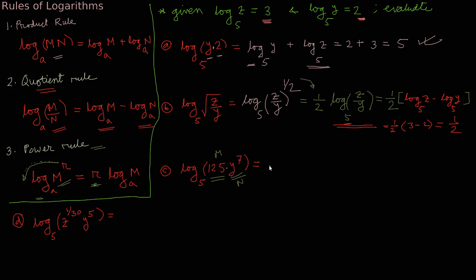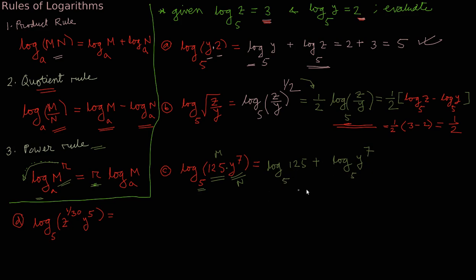So what can I write? I can write logarithm of m, which is 125, plus logarithm of n. So logarithm of n in this case is y power 7, and both my original base is 5, so in both the cases it will be base 5.